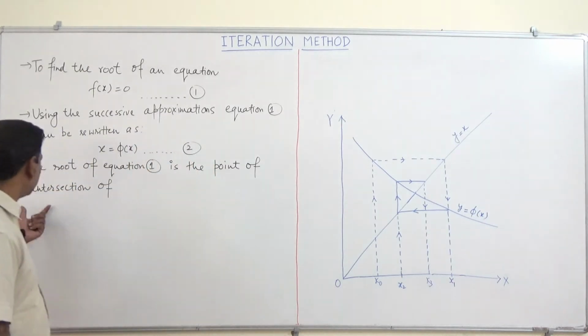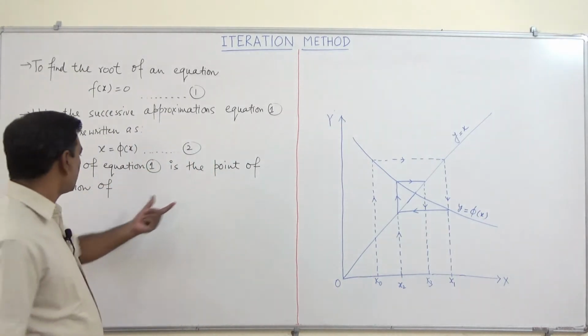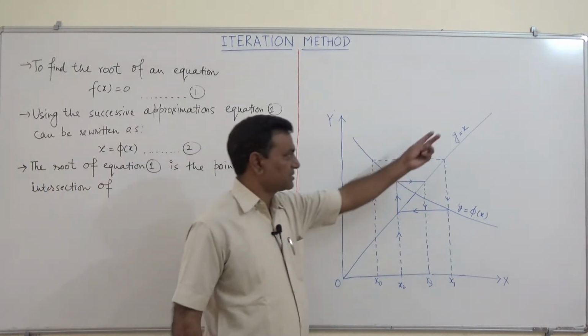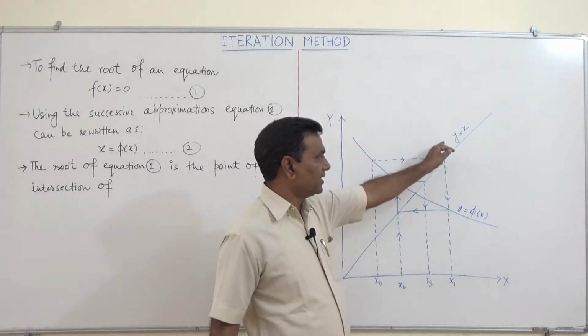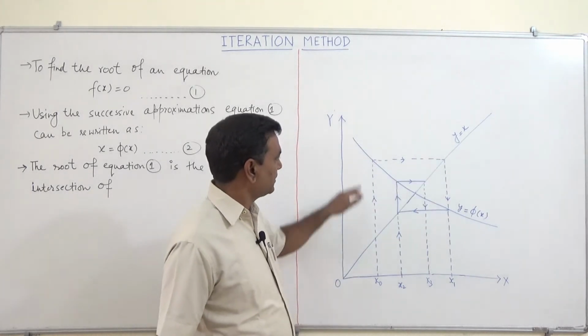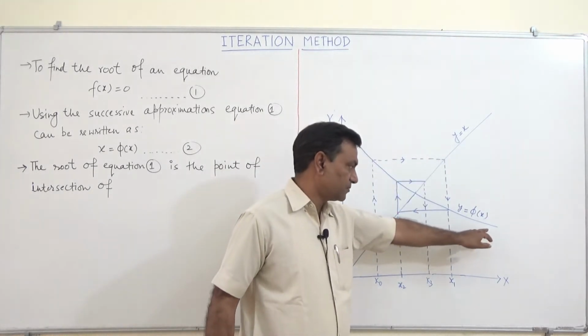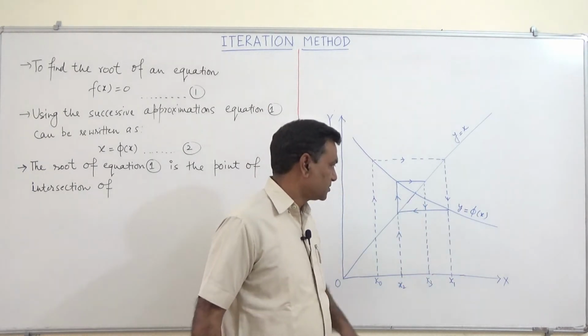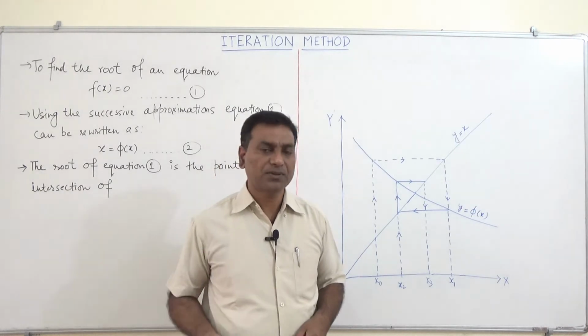Now we will see this graph. This is the point of intersection of the straight line y equals x and the curve y equals phi(x). So this will be the desired root that we want to find.